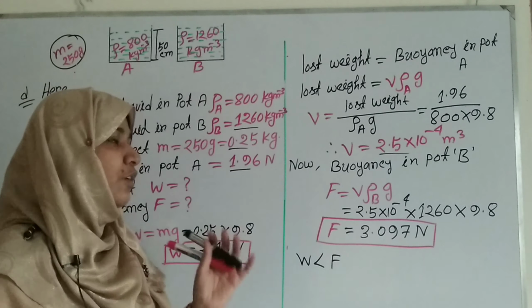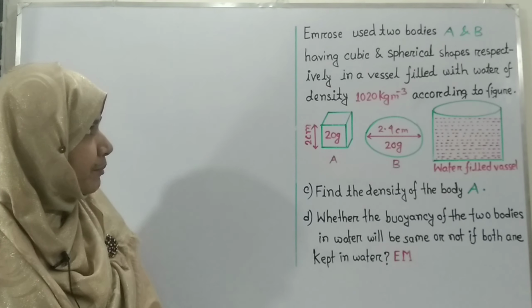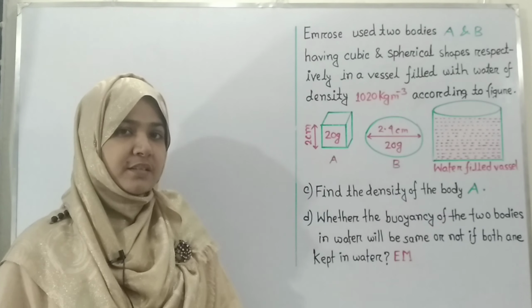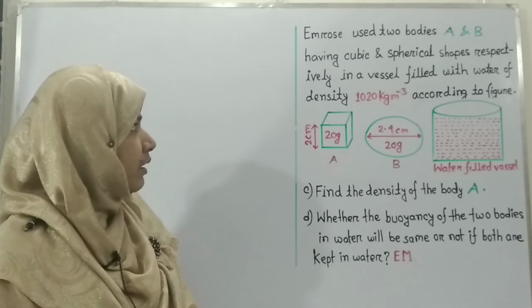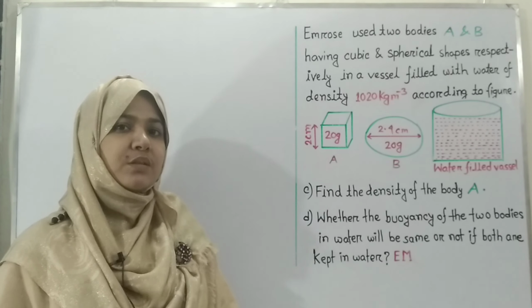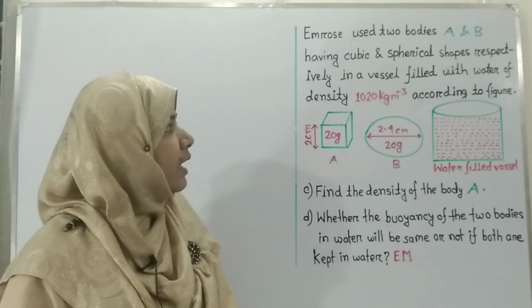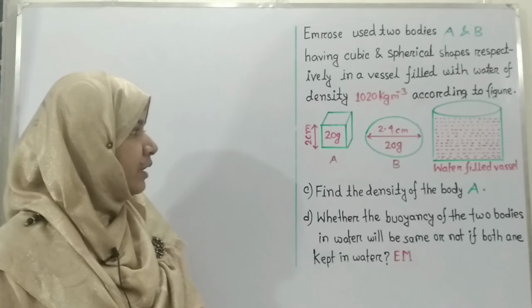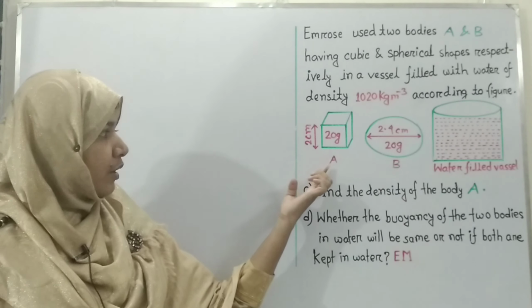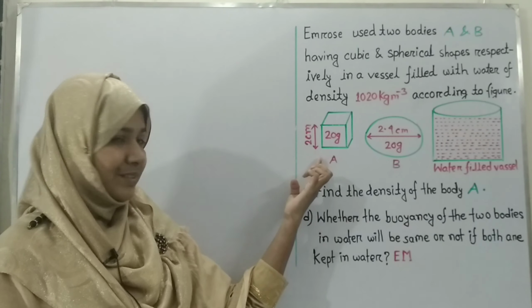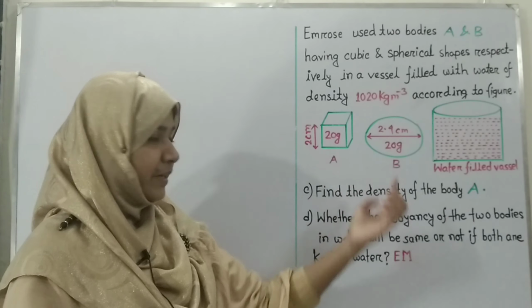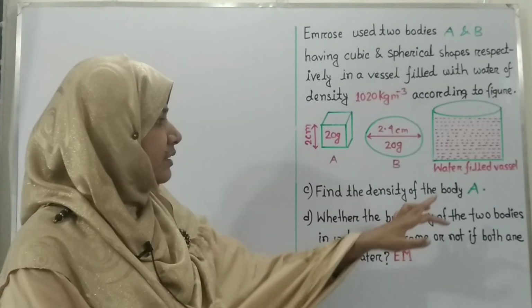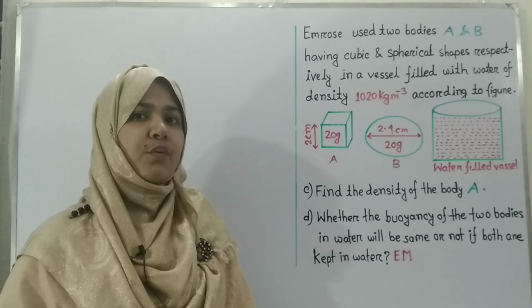Now, the second creative question. The question is that Imrose used two bodies A and B, having cubic and spherical shapes respectively, in a vessel filled with water of density 1020 kg per meter cube, according to the figure. Here you can see the figure. There's an object A which is cubic shaped, an object B of 20 gram which is spherical shaped, and a vessel which is filled with water.